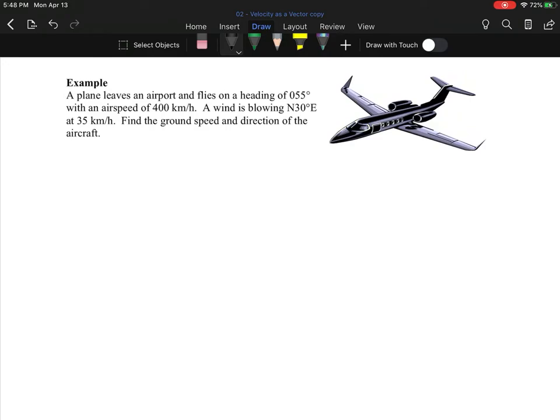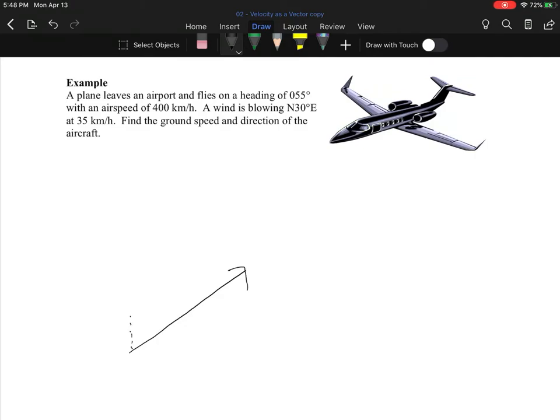Now, this plane leaves the airport flying on a heading of 55 degrees, and that 55 is 55 degrees off of north. So here comes my picture. Here's what the plane's trying to do. It's trying to go 55. I'm going to draw it right about there. And this is a really good trick.